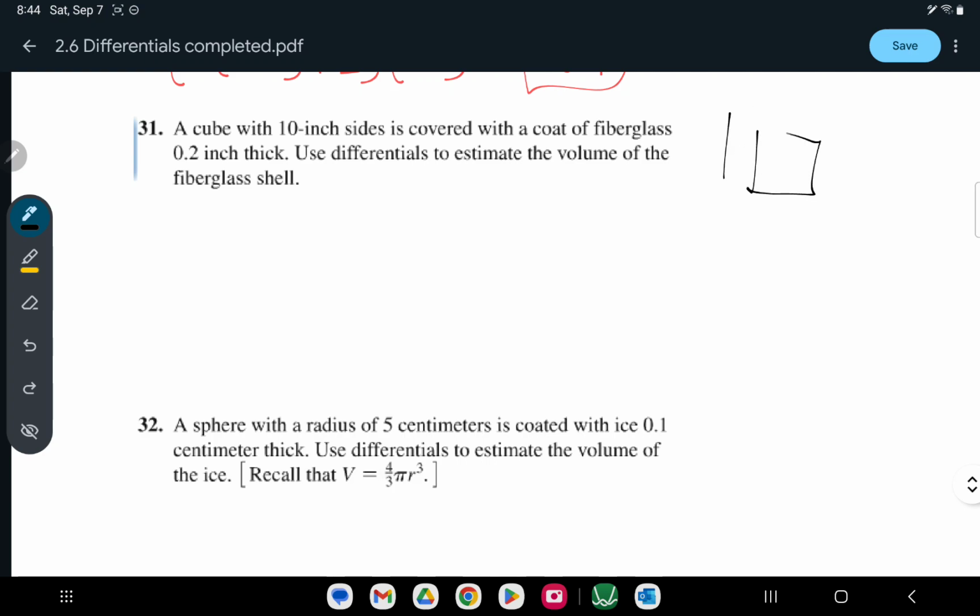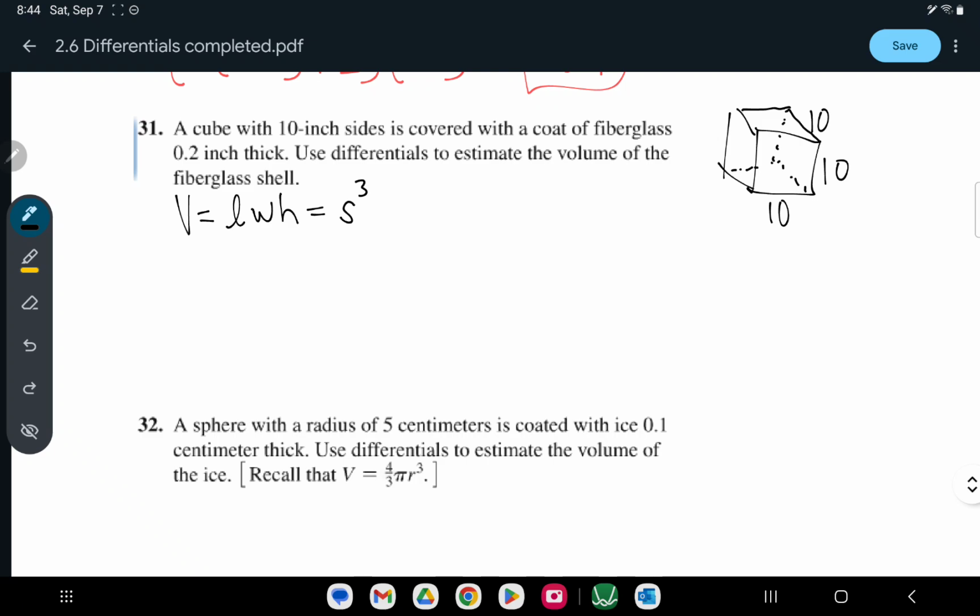I'll do my best to draw a cube here, and then we have 10-inch sides. All right, so the volume of a cube is all the sides multiplied: length times width times height. Well, it's a cube, so all of them are the same. So I could just say sides cubed.